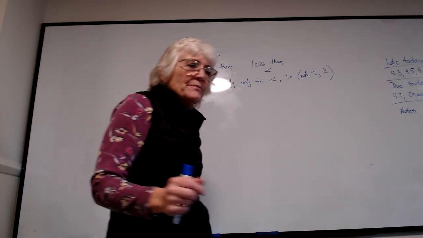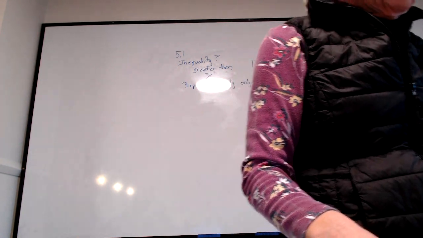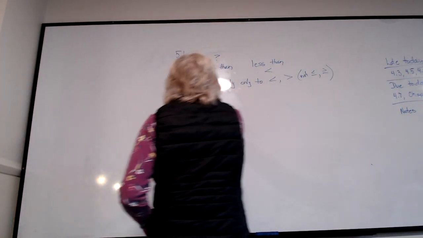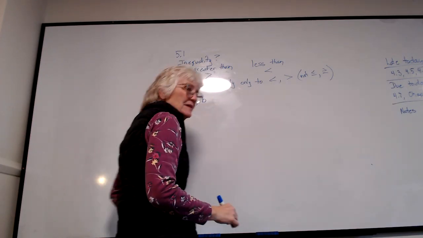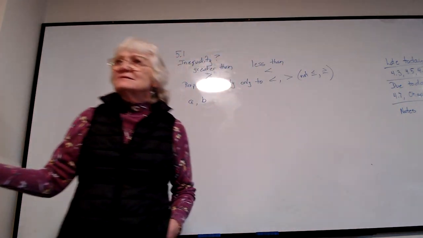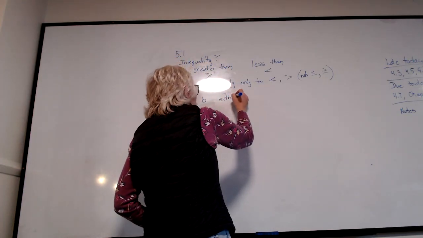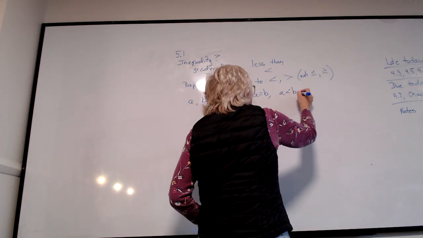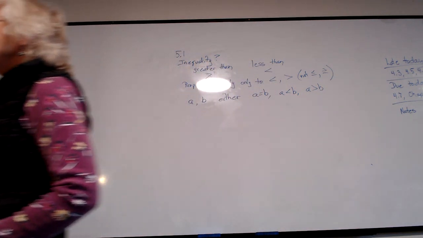Okay, so the first one is, if you have two things, A and B, either A equals B, A is less than B, or A is greater than B. That seems kind of like common sense, right?